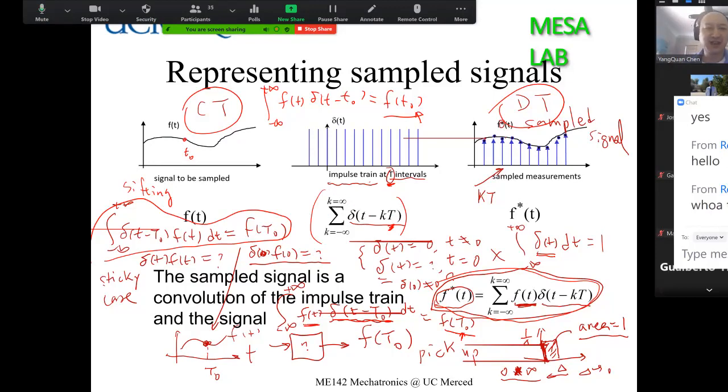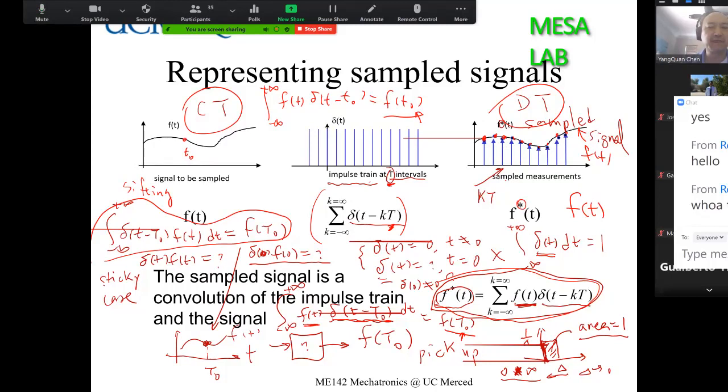What's left are just all these points picked up, okay? This is as if we did the sampling. It's called discrete time sampled. The sampled signal here is called f star. So f star is the sampled points of f of t. There is nothing in between, okay? The black line is not there. This is the original f of t, but f star of t is only those dots.